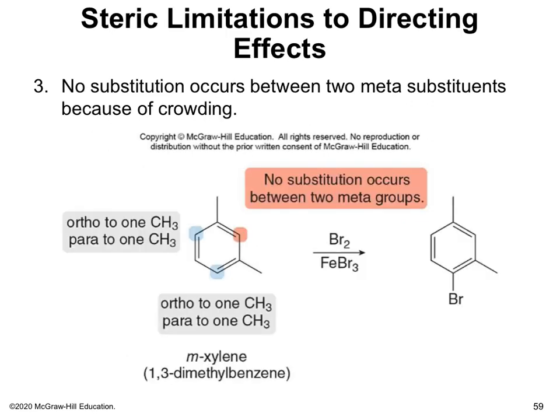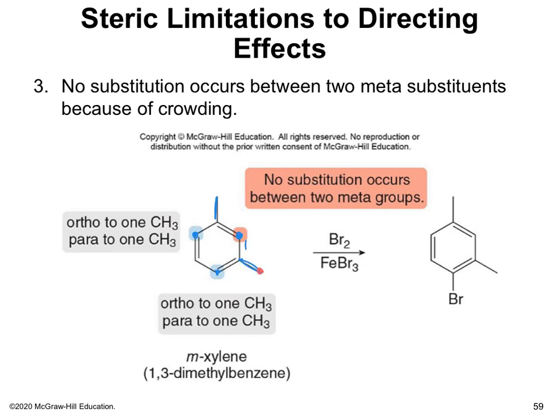Here we have two methyls, and so this one would do ortho. That would be ortho. That would be ortho. That would be para. That would be para. So these aren't going to happen because this would be meta to this compound here.